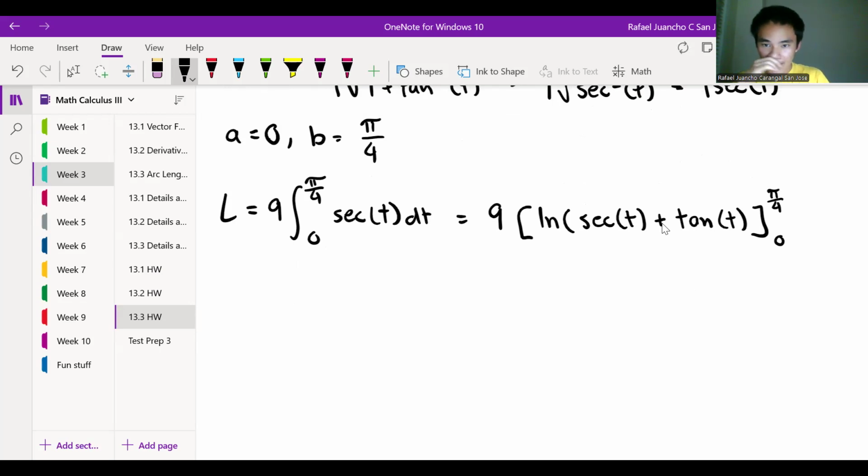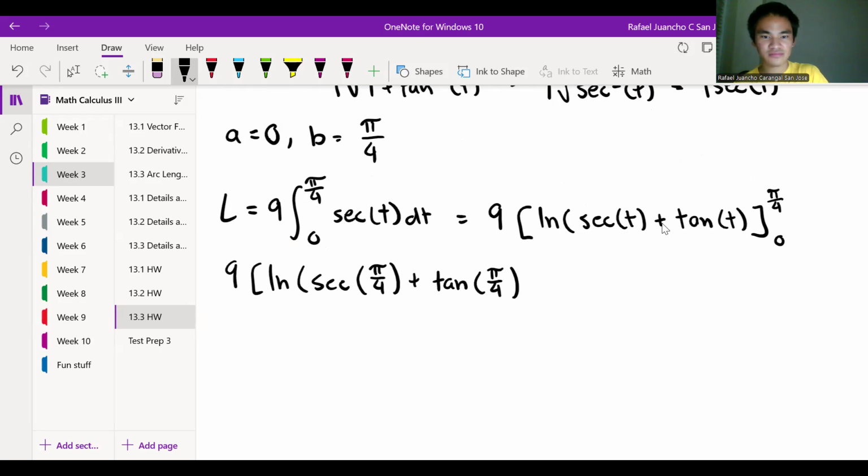Okay, now what do we do here? Evaluate the whole thing. So ln of secant of pi fourth plus tangent of pi fourth, right?